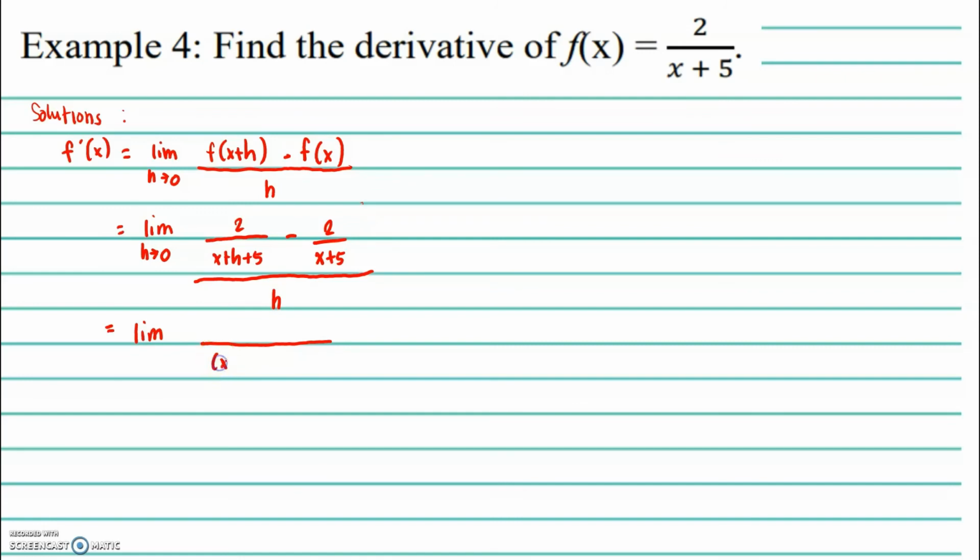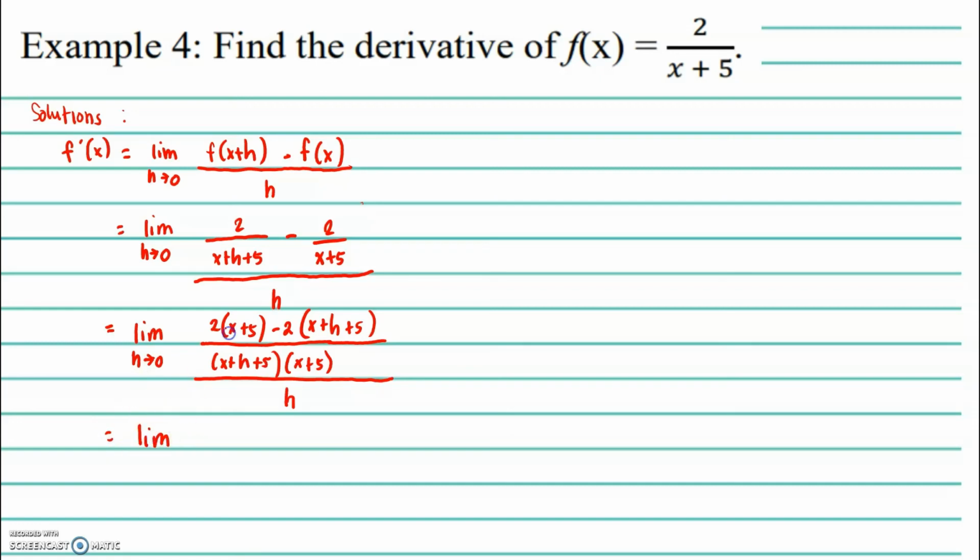So we have x plus h plus 5 times x plus 5 in the denominator, and in the numerator 2 times x plus 5 minus 2 times x plus h plus 5, all over h as h approaches 0. Next, let's distribute.